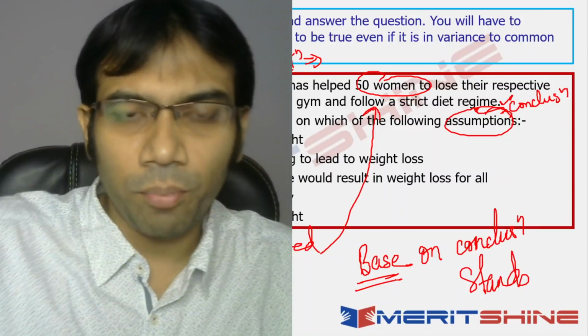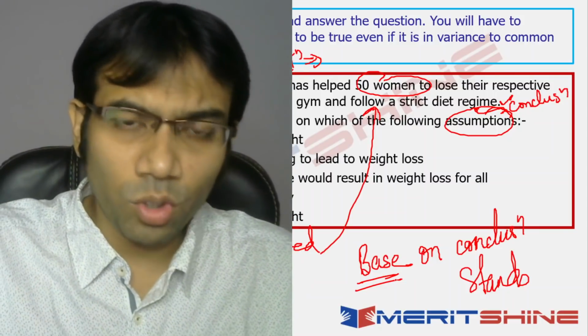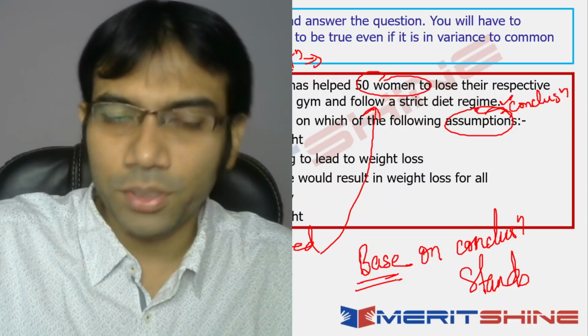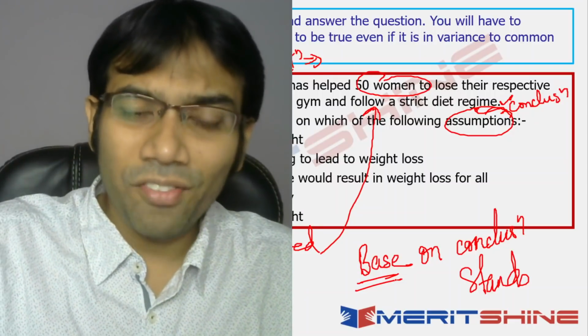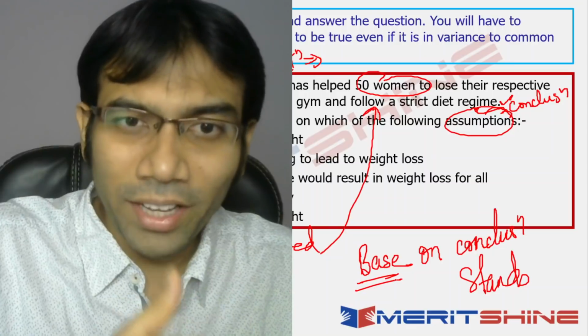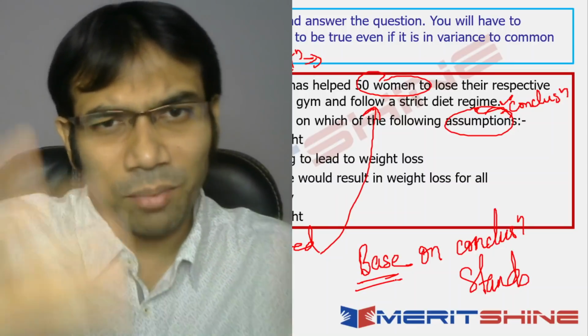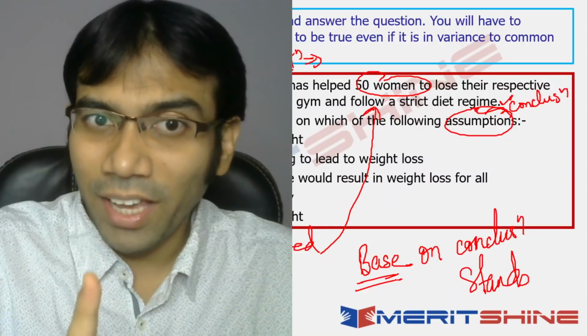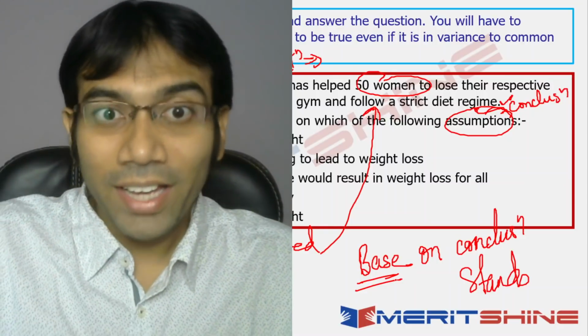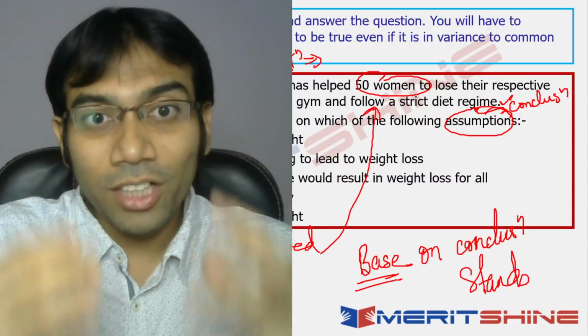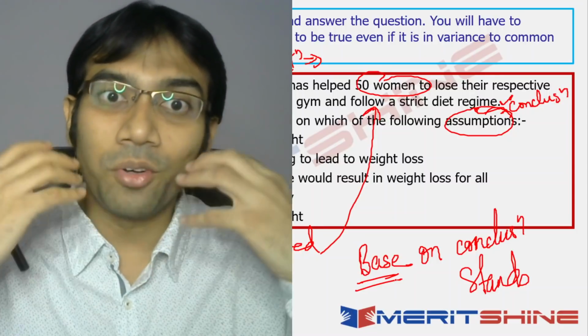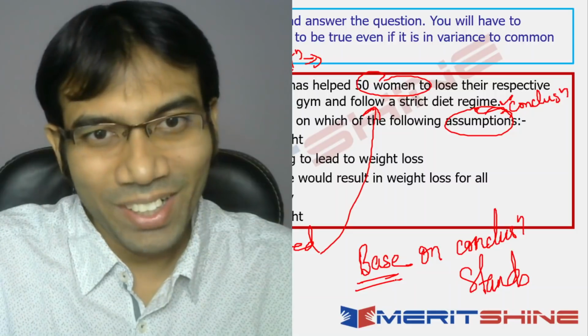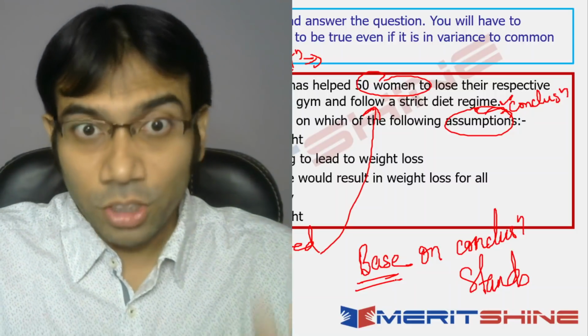If I topple the base of the house of cards, the house of cards would collapse. If I explode the base of a building, the building would also collapse. So assumption is something which, if changed, the author's outlook towards that particular issue would also change.